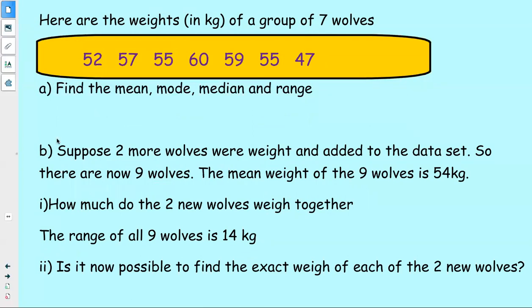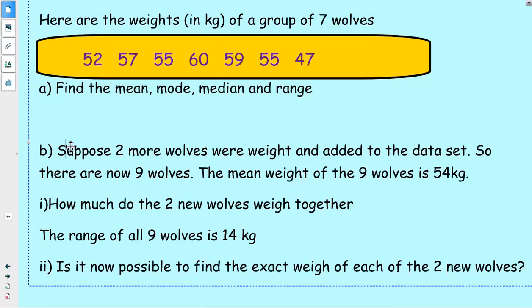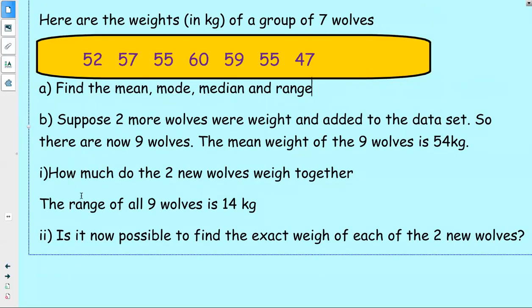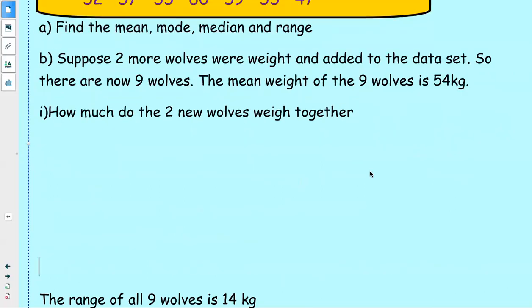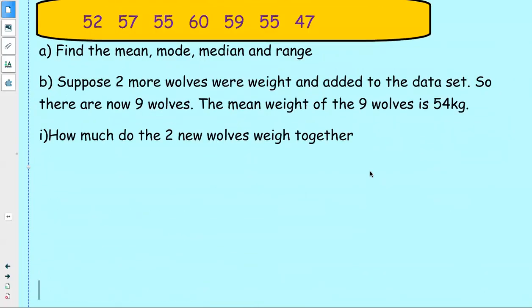And then it goes on to a second part. So let's look at this part together. I'll just move this up so I've got a wee bit more space. Okay, a bit more space to write. There we go.